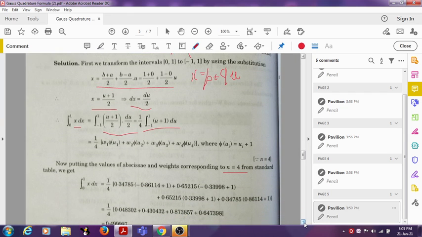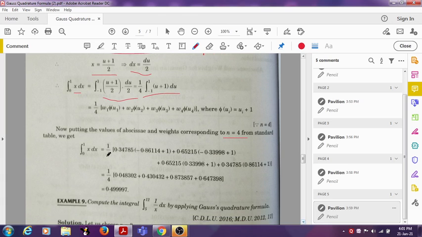Now move on to the problem. We can put the value of w1 from our table into phi of u1. Phi of u1 means u1 plus 1, and we can put the value of u1 from the table. Now this will be our first term.